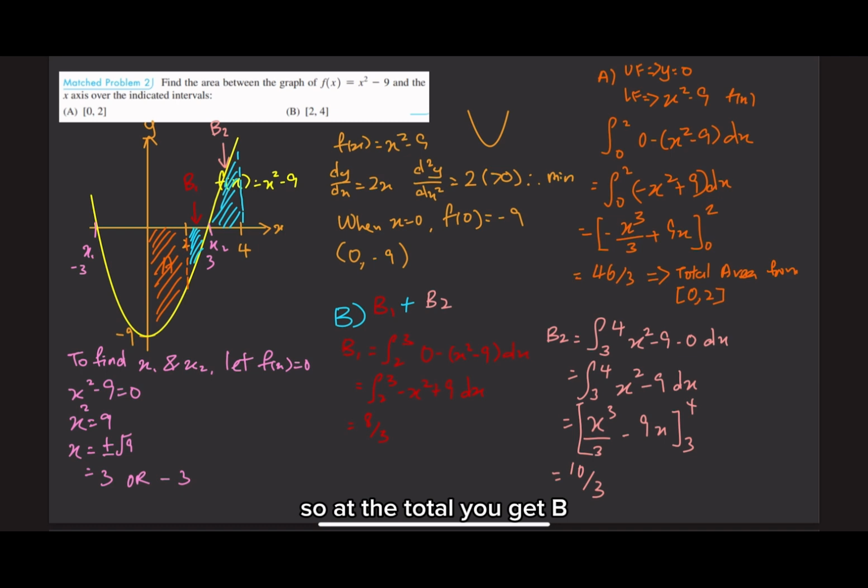So as a total, for B we have to take 8 over 3 plus 10 over 3, and that will be your area under the curve for B.